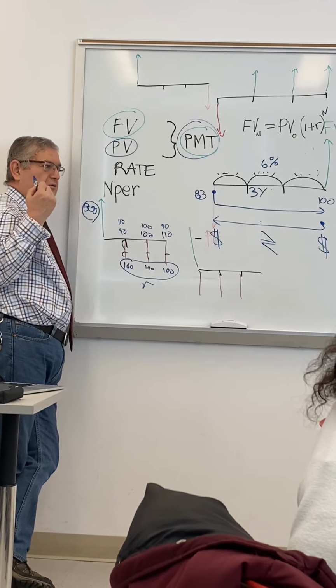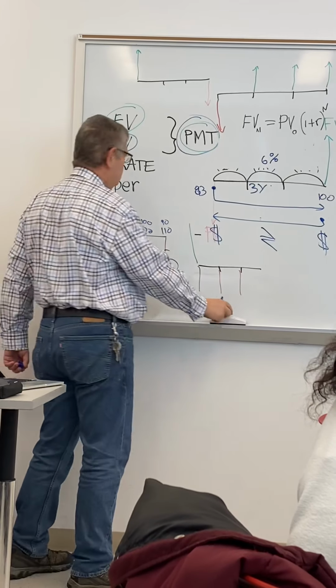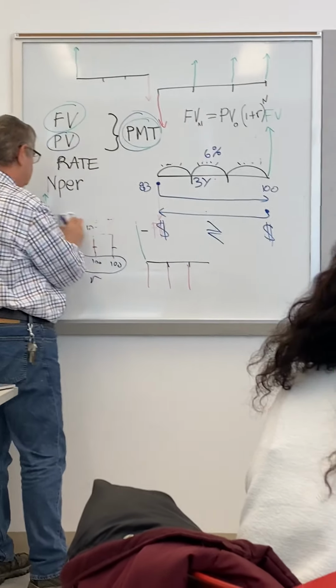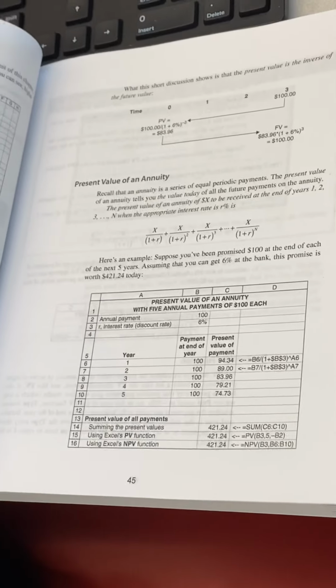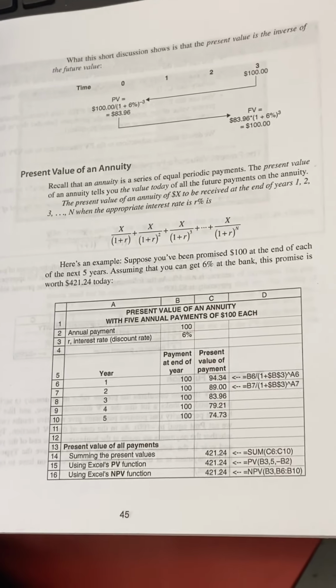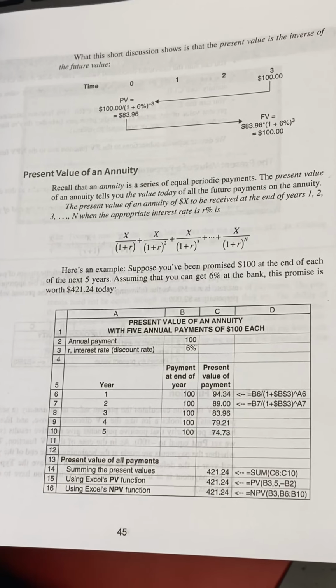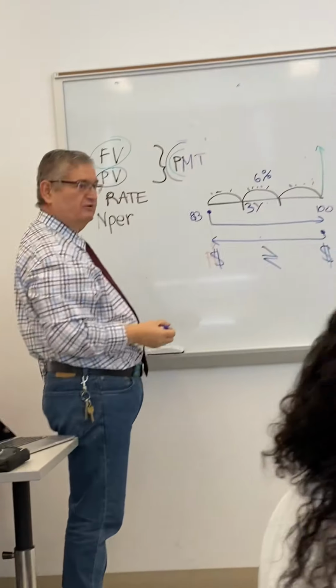Did you put it in your mind? If you put it in your mind, let's see what is the mistake. Page 45. Do you see page 45? Page 45, what do you see?